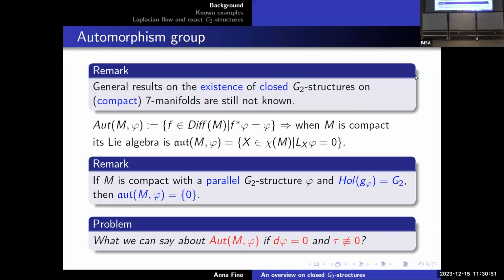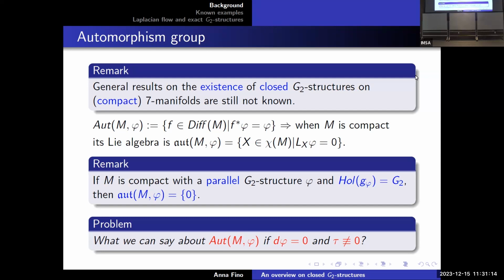Generally, it starts with the existence of closed G2 structures on compact manifolds, and no. Okay, there are manifolds which do not admit any closed G2 structure. One can look for the automorphism group. So take the group of diffeomorphisms preserving the three-form. When it's compact, you can work on the Lie algebra.